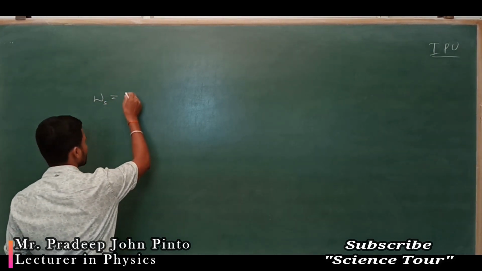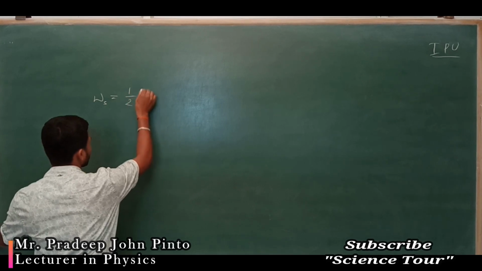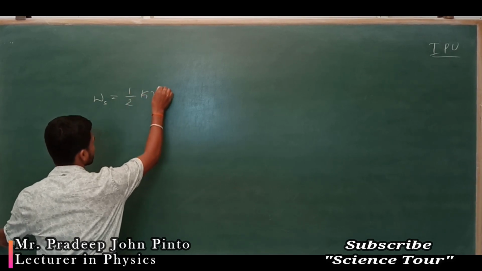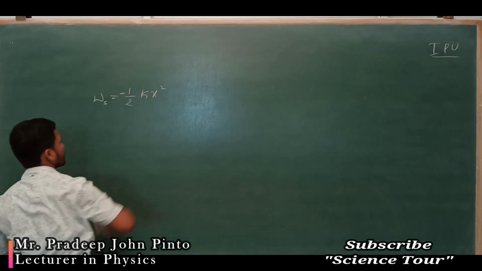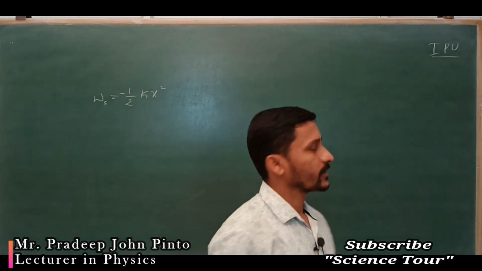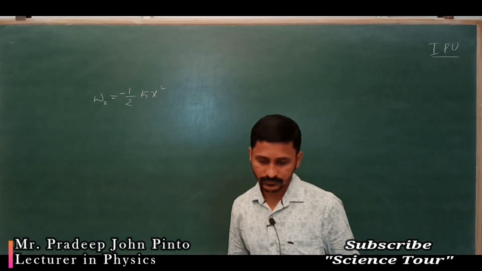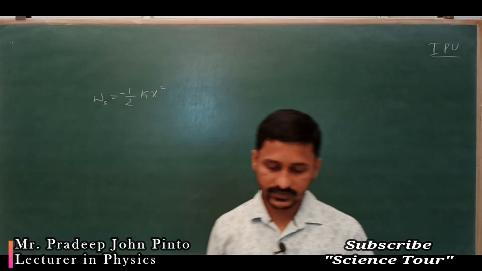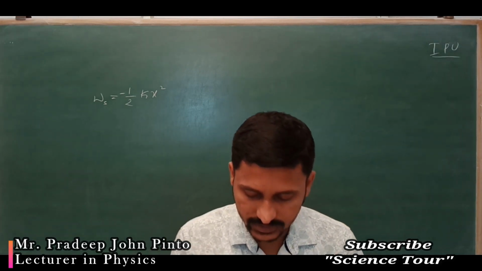Half kx square, minus half kx square, that is the work done. Now maybe it is for the compression or rarefaction.